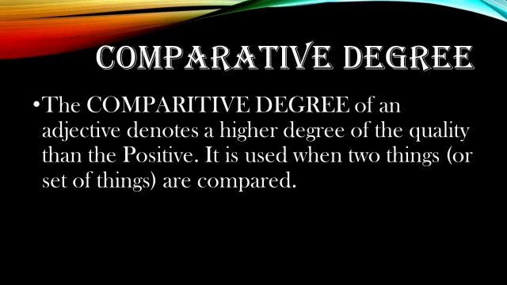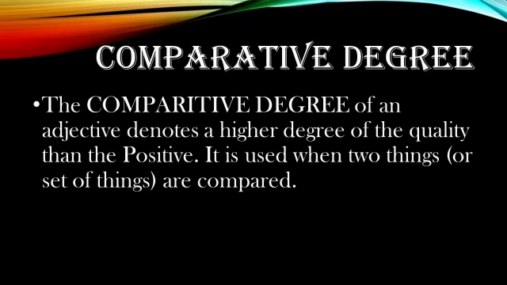Children, it says that it is a higher degree of quality than the positive. In the positive degree, we have seen that no comparison was made, but in the comparative degree, we have comparison. And generally, we compare two things or two sets of things.